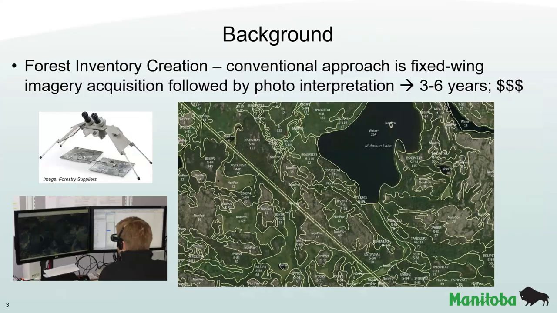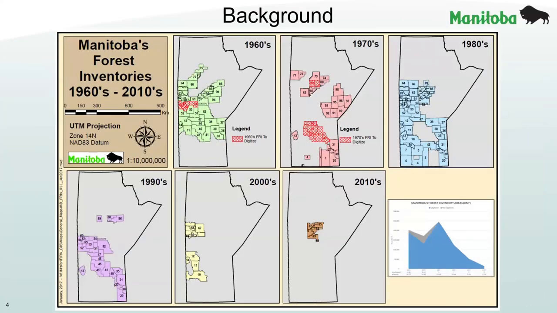As we know, the traditional inventory creation process can take a few years, and it can cost a lot of money. This is the extent of Manitoba's forest inventory coverage.